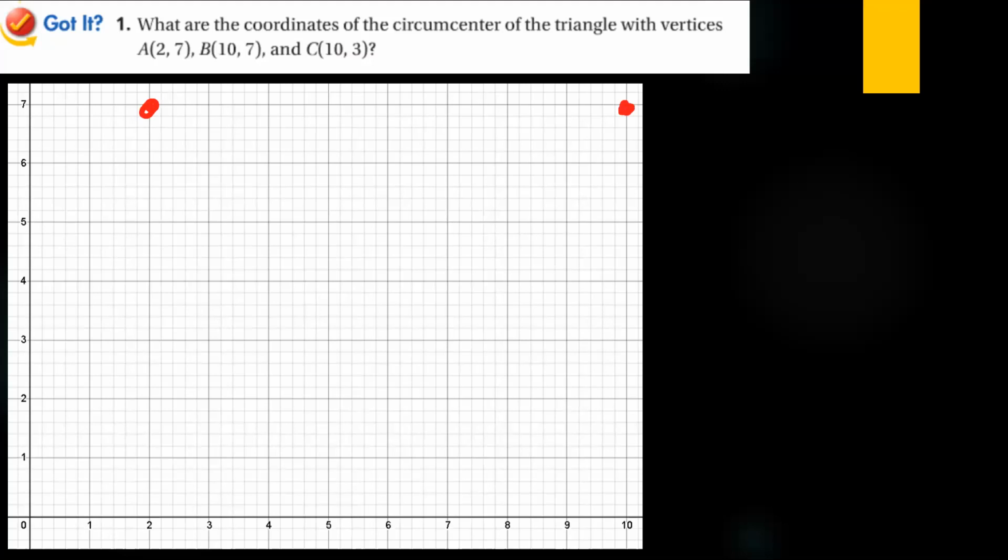And 10, 3. So here are my points: 2, 7, 10, 7, and 10, 3. Okay. Then I need now to draw my triangle.